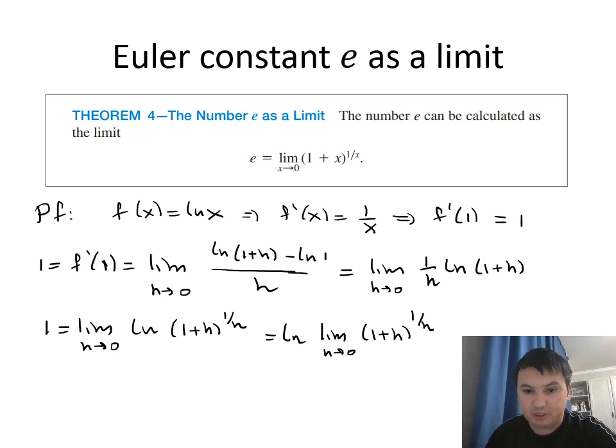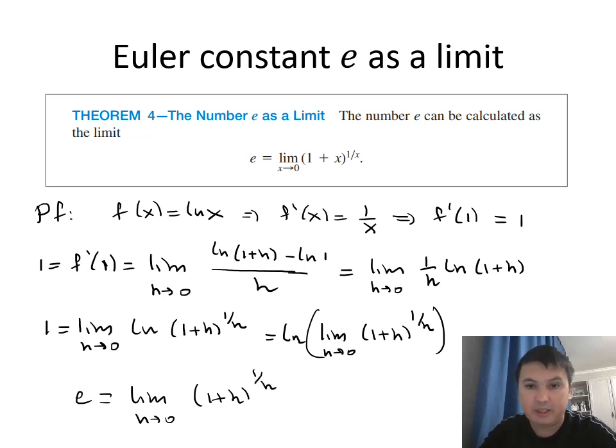So this limit is equal to 1. But if 1 is equal to ln of something, then this something must be e, right? So e is equal to the limit as h goes to 0 of (1 plus h) to the 1 over h. If you like, you can replace h by x. I'll stop here.